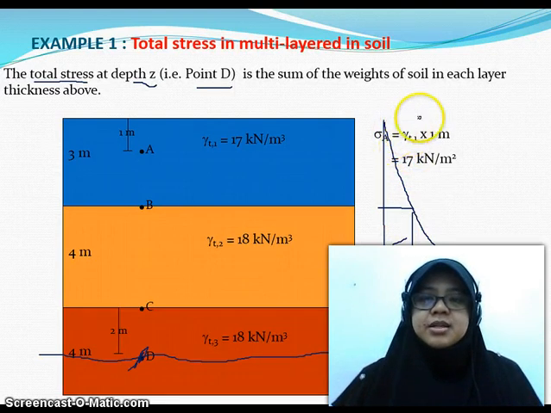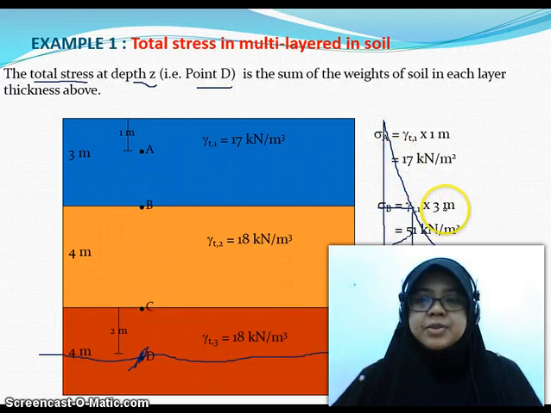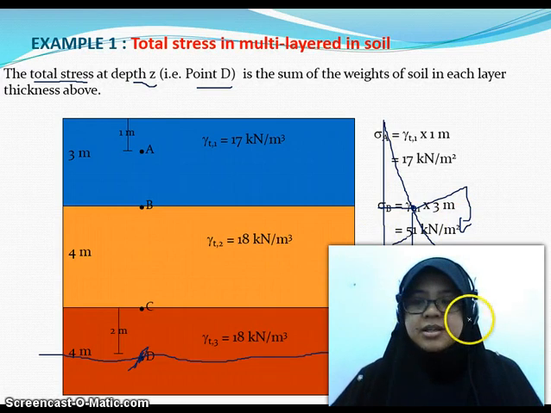This is the simple manner to calculate the soil stress: just multiply the gamma with the height. At A, we can calculate 17 times 1 meter, 17. Gamma B, 17 times 3 meter, so 51. So this point in the triangle is 51. Next, we get 123, and at D, 159.